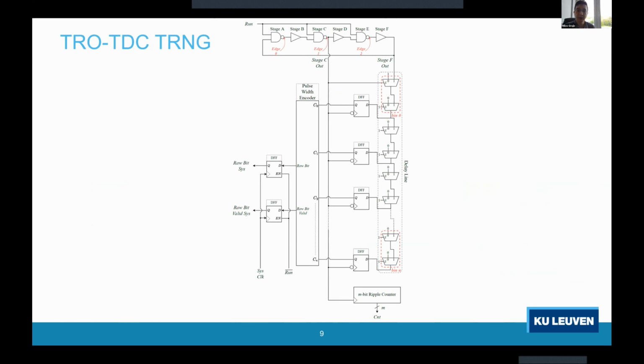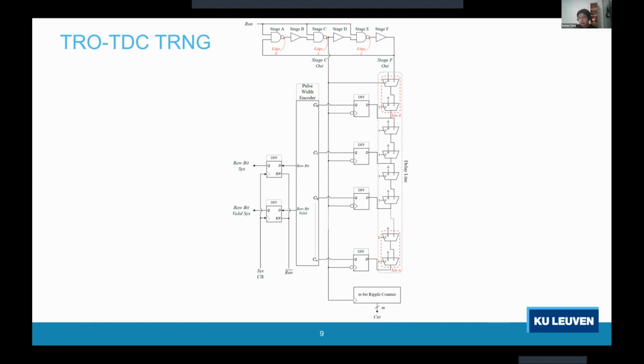It will influence all 3 edges equally, because they propagate through the same stages. So any influence that has a lower frequency than the frequency of the edges will be filtered out, because it will influence all 3 edges in exactly the same manner. So it will not be seen.